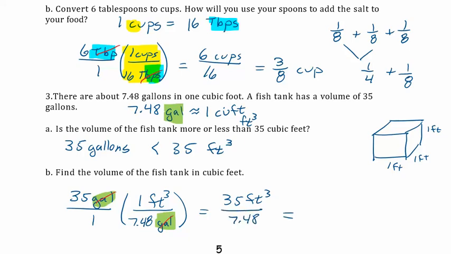So we're going to punch into our calculator 35 divided by 7.48, and let's do approximately, because these are approximate. We're going to get approximately, let's round to 4.7 cubic feet of water in that fish tank.